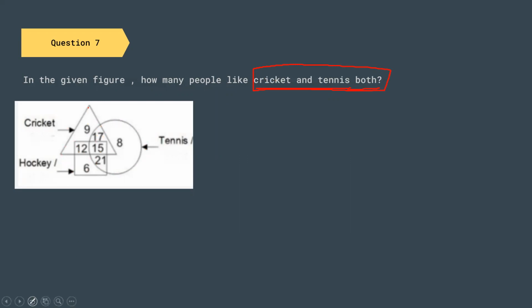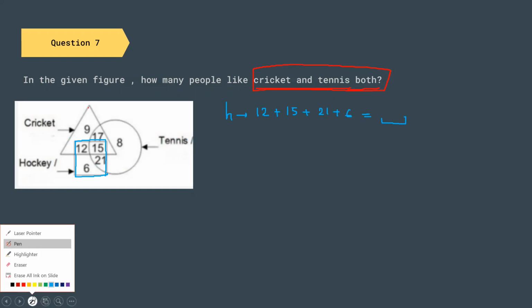Fine. So let us use some different colors to denote this. All the people inside this square love hockey. So how many people love hockey? You can say 12 plus 15 plus 21 plus 6, whatever it might be, this many people love hockey. Now let us go to tennis.